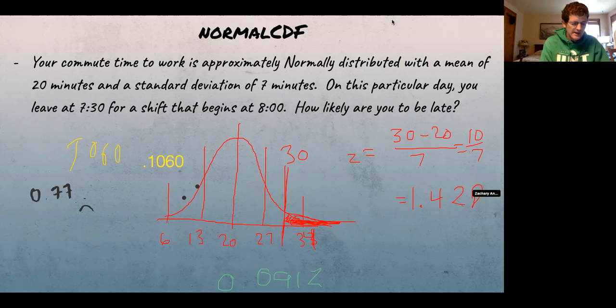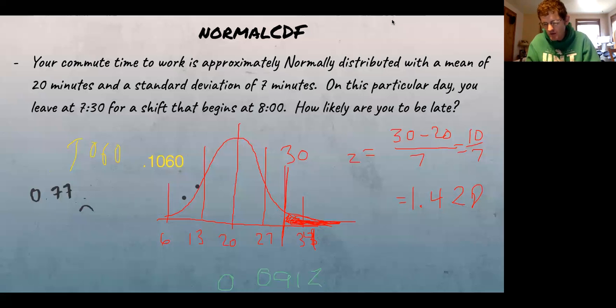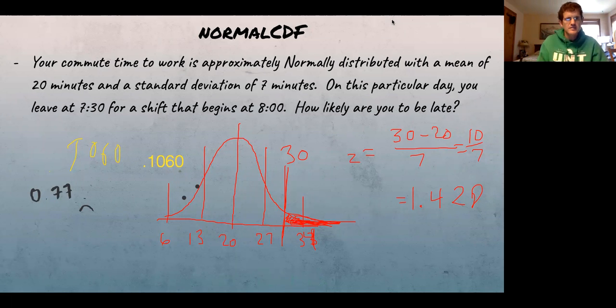Okay, so now it's just as straightforward as plugging that into the calculator. My lower bound is 1.428. The upper bound is 99999. And when we do that, because we're seeing a couple of different answers that are all pretty close, so 1.428 up to 99999, I'm seeing about 0.076.